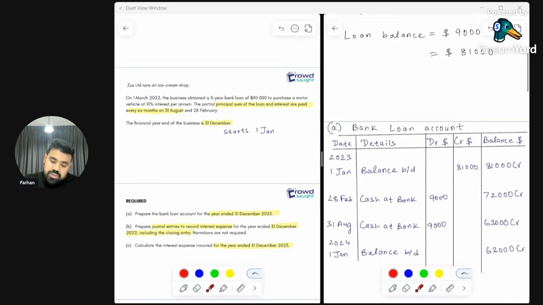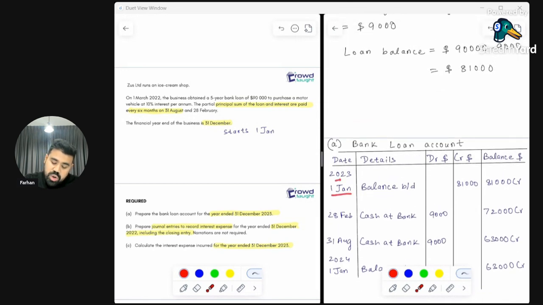So we are starting 1st Jan 2023 with the opening balance of $81,000. All right. How did we know it's $81,000? Because just a while ago we had a discussion of the closing loan balance at 31 December 2022, which was $81,000.